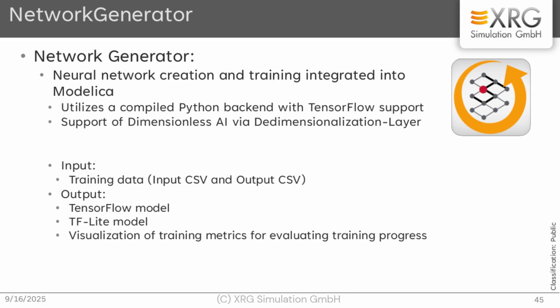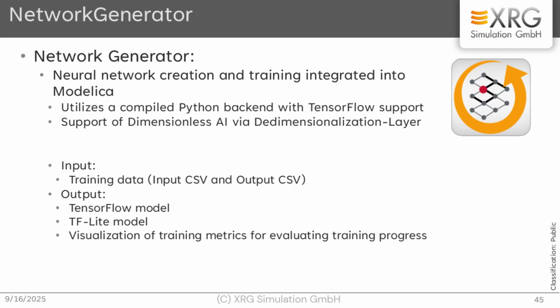But for now, we want to use the network generator. What the network generator needs as input is training data. We already created this in the step before. And what we get from our network generator is a trained TensorFlow model, as well as a TensorFlow Lite model. The TensorFlow Lite model is what we, in the end, are bringing back to Modelica.